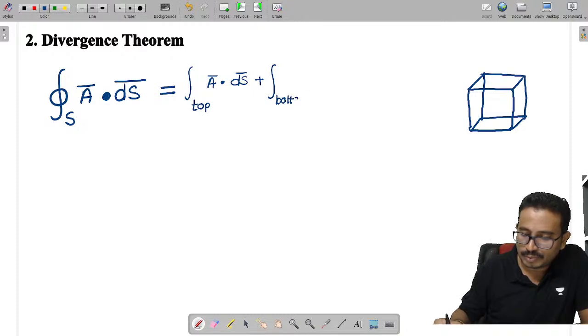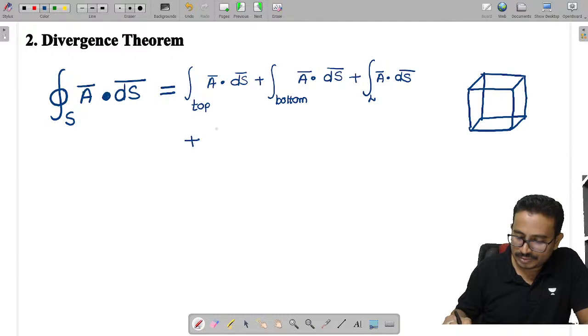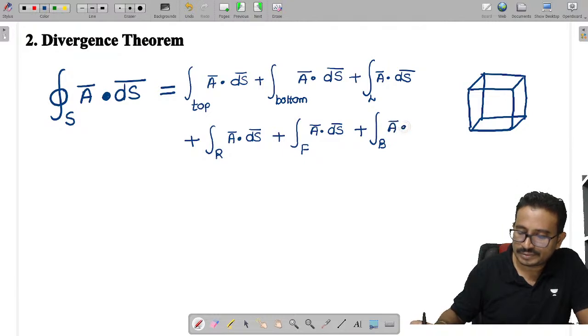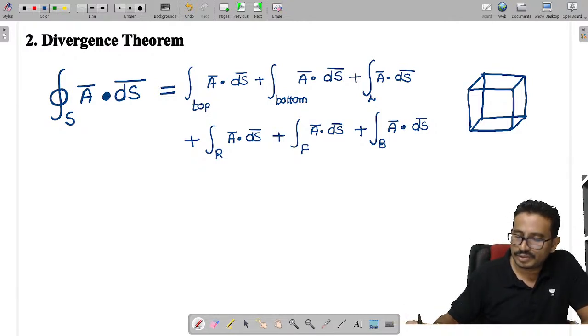Bottom open surface of A dot ds, plus the left open surface of A dot ds, plus the right open surface of A dot ds, plus the front open surface of A dot ds, plus the back open surface of A dot ds. So these many open surfaces we have, isn't it?